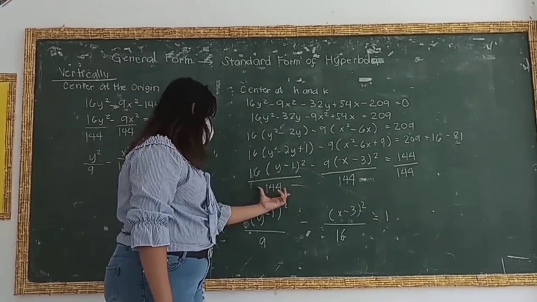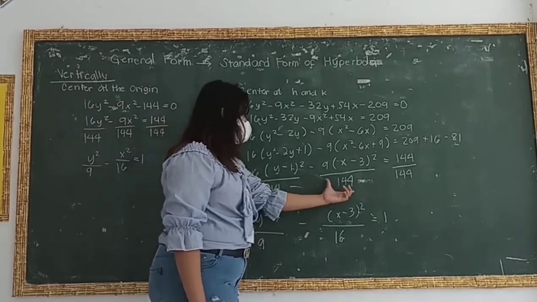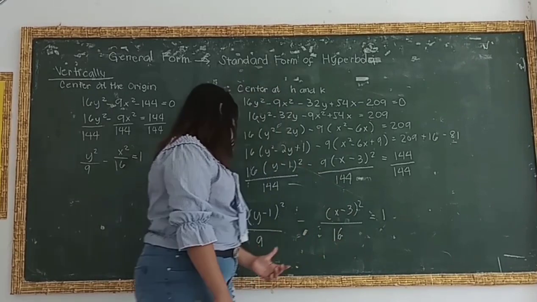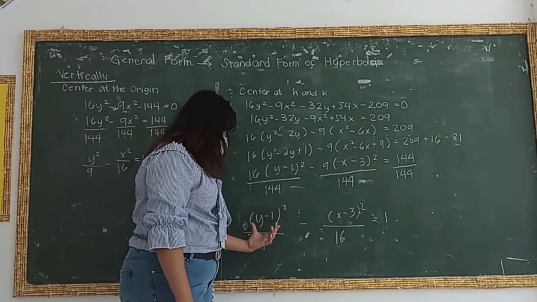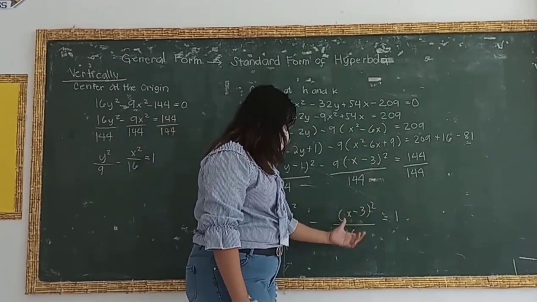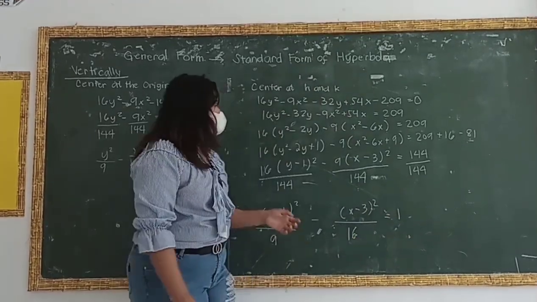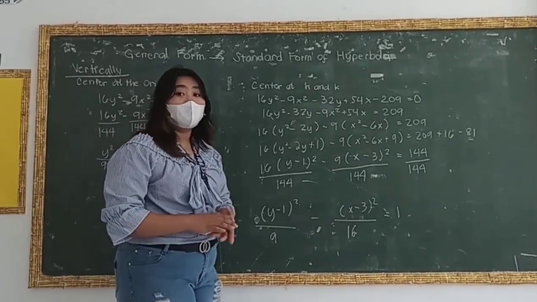So 144 divided by 16 is equal to 9, and 144 divided by negative 9 is equal to negative 16. So let's simplify it: y minus 1 squared over 9 minus x minus 3 squared over 16 is equal to 1. And that's how you convert general form to standard form of a hyperbola.